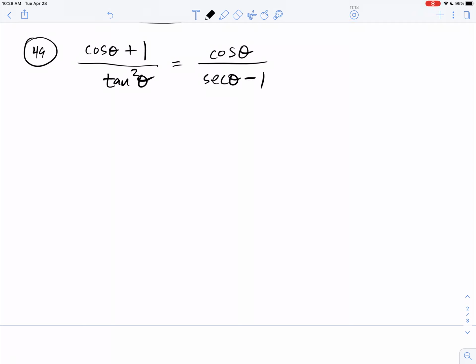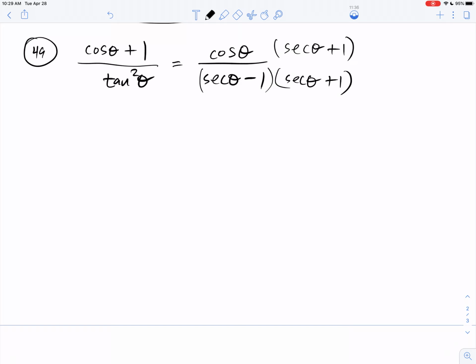Now, here's the sneaky thing with this. When I see this, I can do the same trick I did in the last one. I can do secant theta plus 1 times the top and the bottom, right?